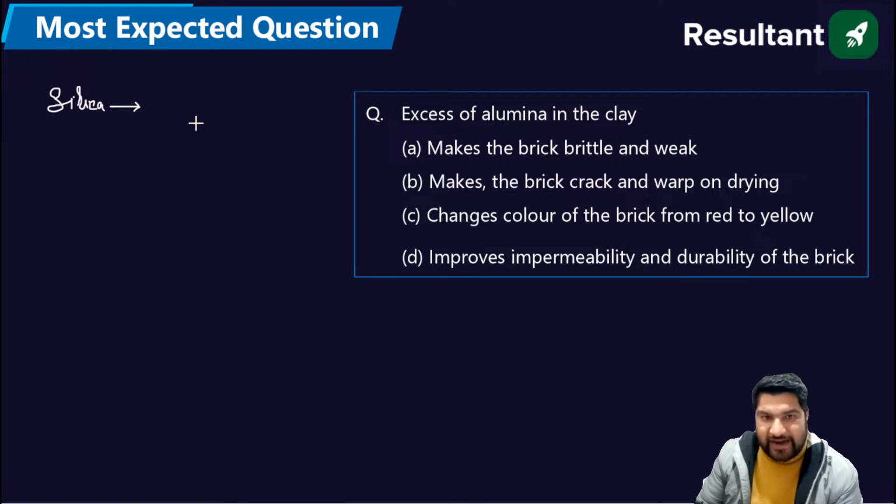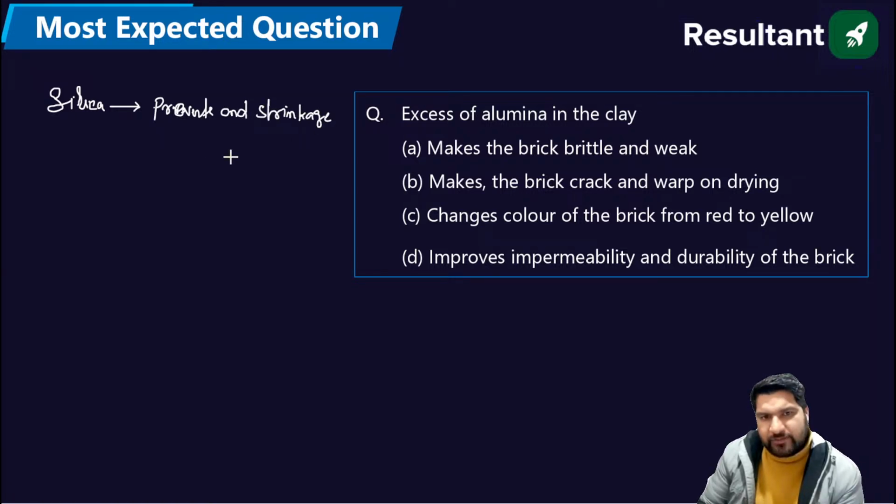It prevents cracking and shrinkage. Prevents cracking and shrinkage. Okay. Next point. If it is more, that is an excess, it breaks the cohesion. It breaks the cohesion. Absolutely fine.